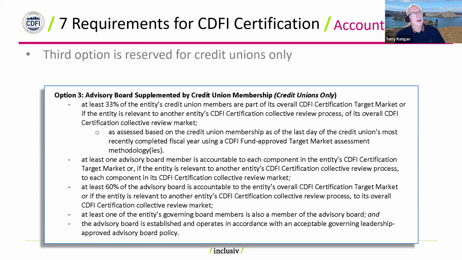Of the advisory board options, the third option is reserved only for credit unions. So credit unions are the only kind of CDFI that can meet the accountability requirement strictly by using an advisory board, not a combination of the advisory board and governing board.